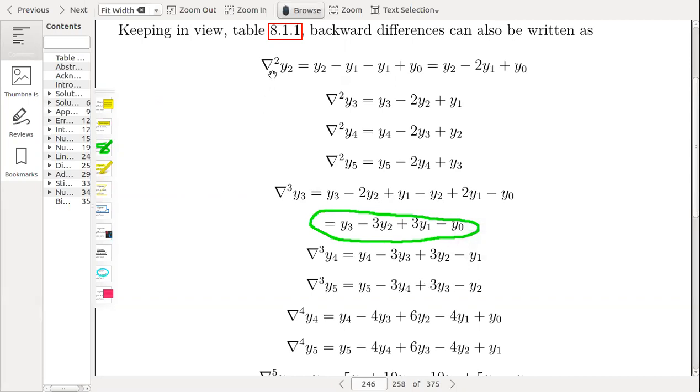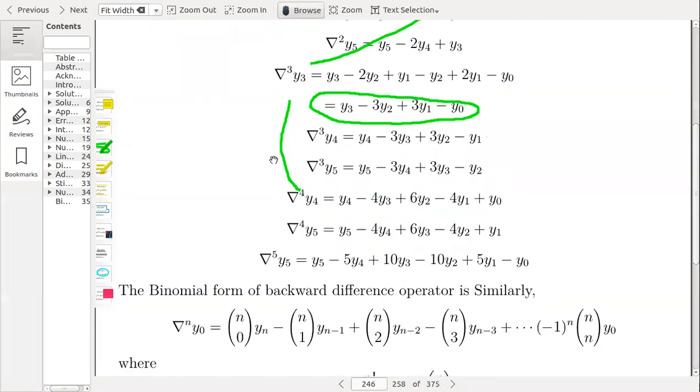And nabla square y2 is 1, 2, 1. So after nabla square y2, we go to nabla cube y3, then nabla 4y4, and then nabla 5y5.